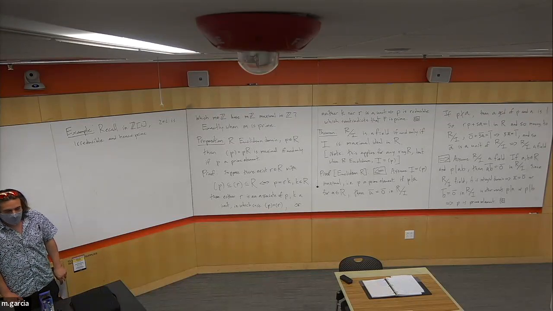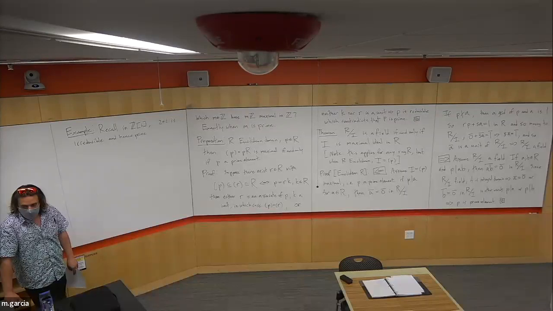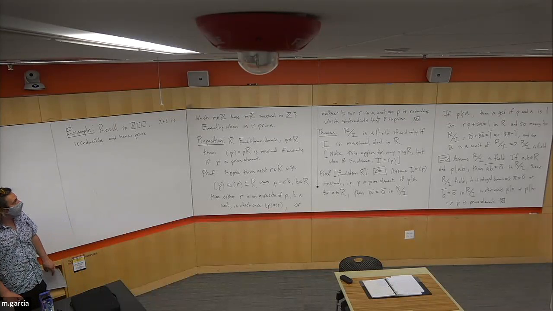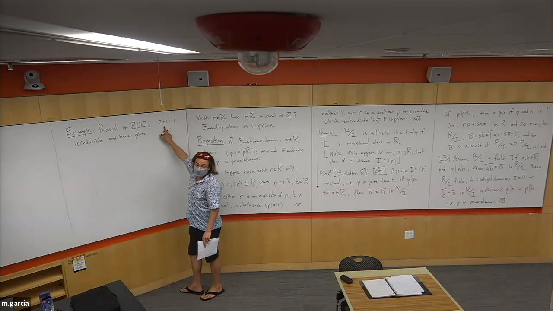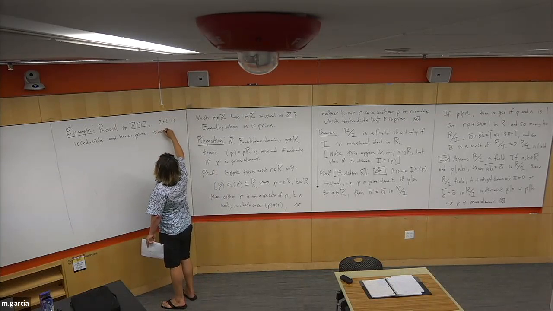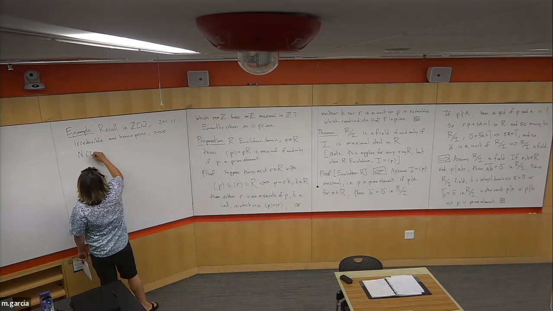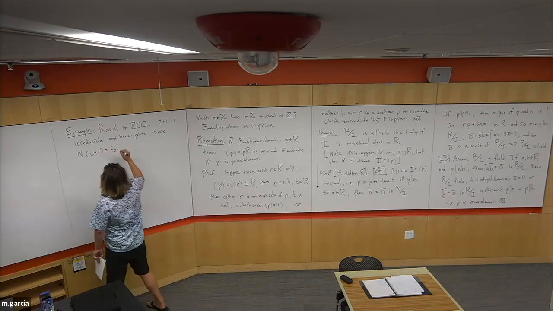If you were to try to factor 2 plus i into 2 Gaussian integers, it really depends on the norm of this Gaussian integer. So let's remind ourselves, the norm of 2 plus i equals 5, right?